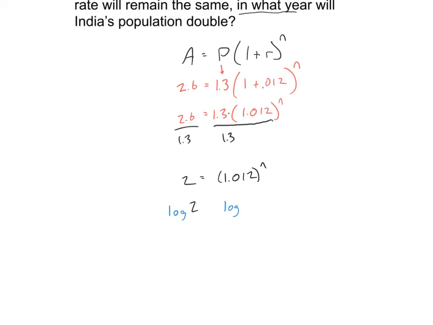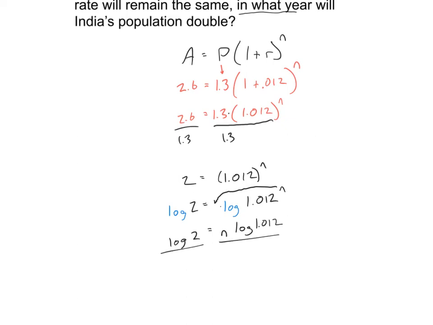On the left, the log of 2, and on the right, the log of 1.012 to the nth power. The property says that that exponent can come down, so the log of 2 is equal to n times the log of 1.012.